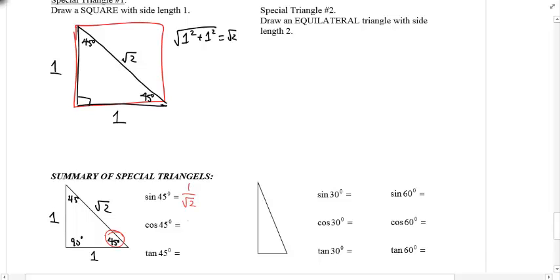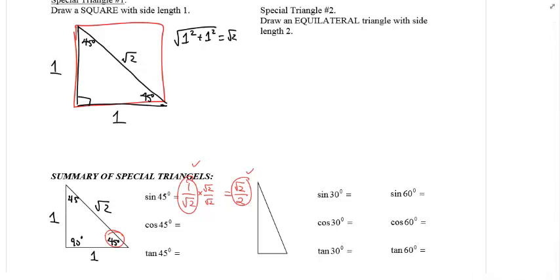By the way, for those of you who already did the chapter on radicals, that's chapter 5 of Math 11, you should know how to rationalize the denominator by multiplying both the top and the bottom by root 2 over root 2. So sometimes people write this as root 2 over 2. So this is good, or this is good, either or. I prefer the one on the right, root 2 over 2, and you'll see why in a second.